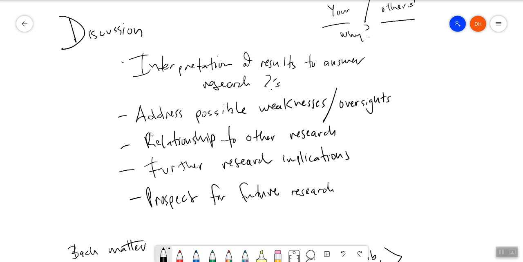You also really need to address possible weaknesses and oversights in your overall methods, okay? One possible oversight in our methodology could be that we did not factor in, let's say, long-term hypertension and stress studies, okay?